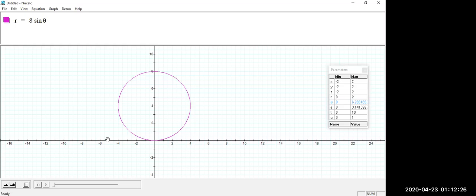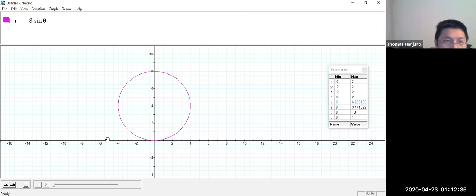Where's the center? 0, 4. Now, we can say this way. The center is 4 from the origin on the y-axis because it's sine. Okay, the radius is 4. The center is also 4 units on the positive y-axis, because it's sine.